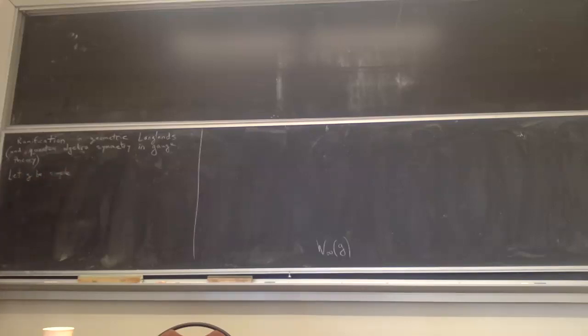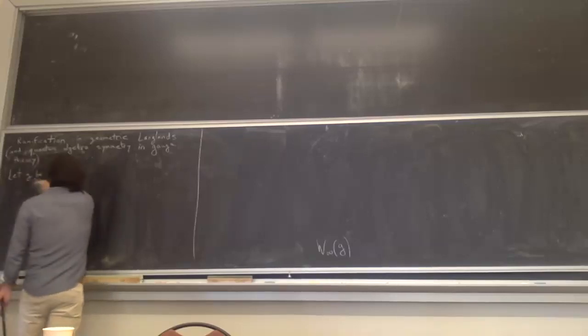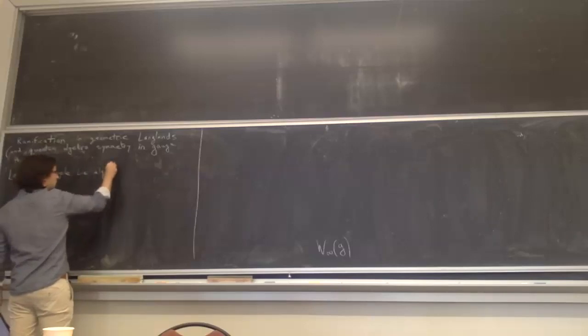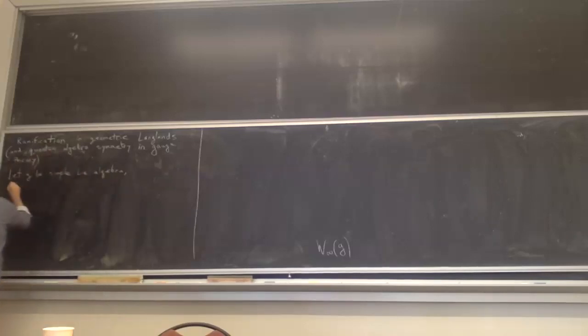Later, I'll take G to be simply laced, just so that the formulas are easier. But you can take any simple Lie algebra. And in this talk, I'll have parameters q, t, h bar, which we'll take to be transcendental. It will not be equal to roots of unity, very far from it. So there's that, transcendental.